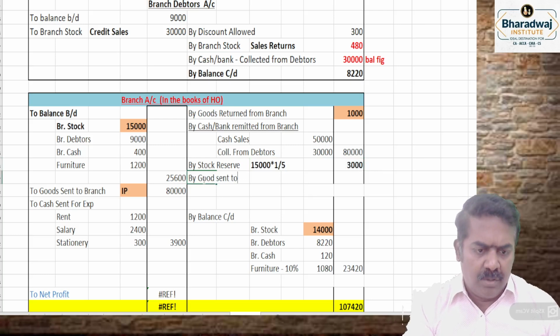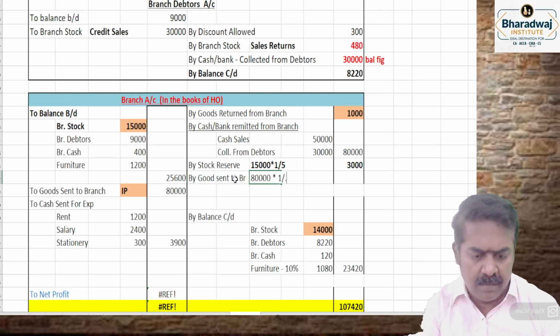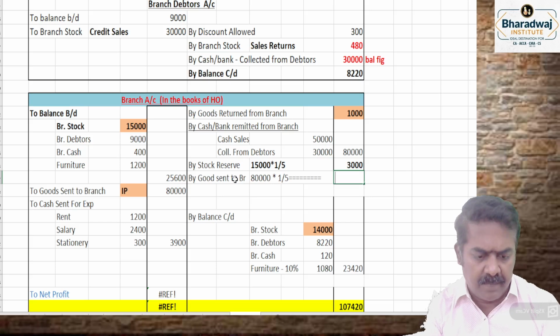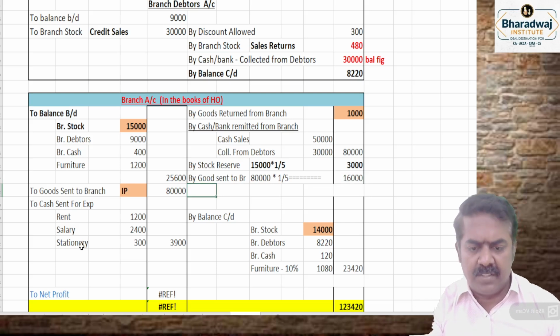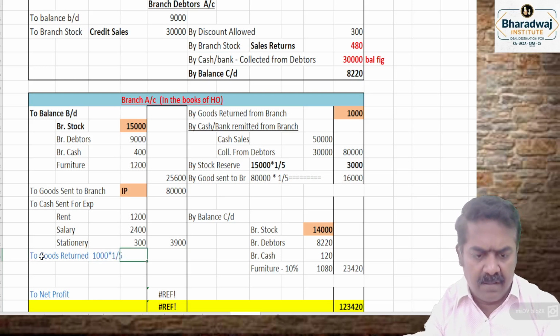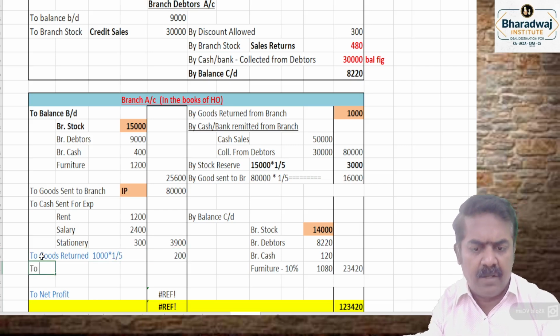Then goods sent to branch, 80,000 into 1 by 5. How much? 16,000. On the goods returned, how much goods returned? 1,000 into 1 by 5. 200, to stock reserve. What is the closing stock? 14,000 into 1 by 5.